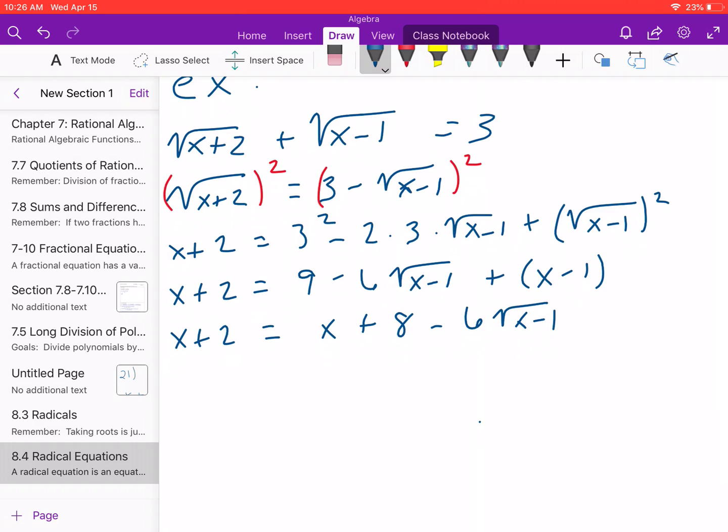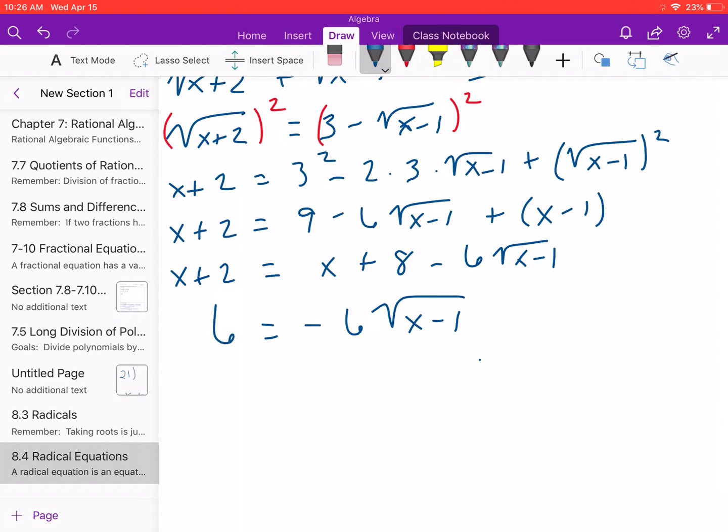Continue to combine. I'm going to move the x to the left side and bring over my 8, which becomes a 6. 6 is equal to the negative 6 times the square root of x minus 1. Divide both sides by 6. 1 equals the square root of x minus 1.